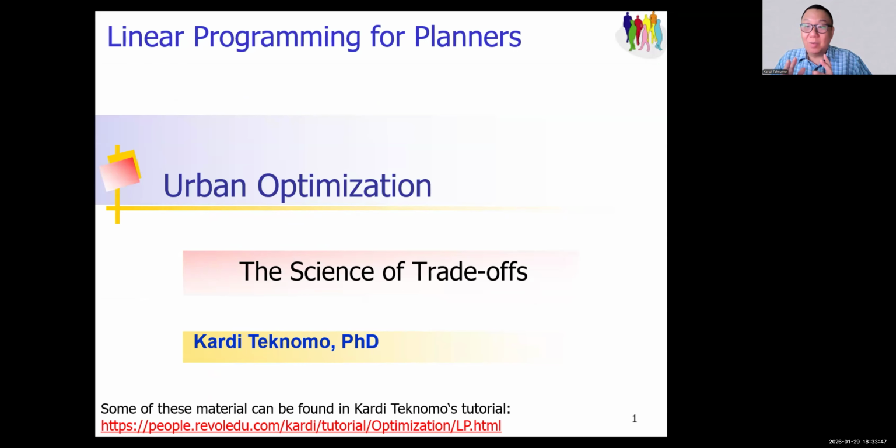Urban planning is often seen as an art, a mix of design, sociology, and politics. But today we are going to talk about the science of planning: how you optimize, especially how you make decisions when you have limited resources, limited money, limited land, and you have conflicting goals. This is practically what is called an optimization tool.